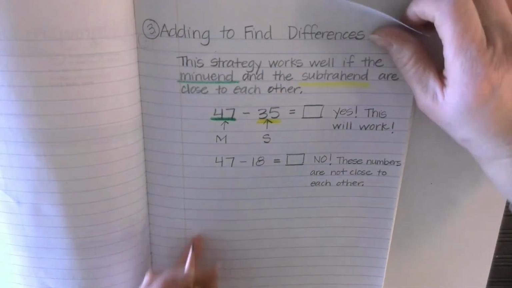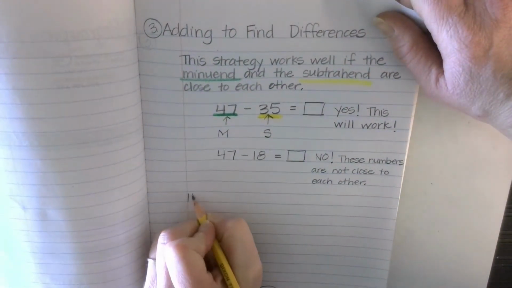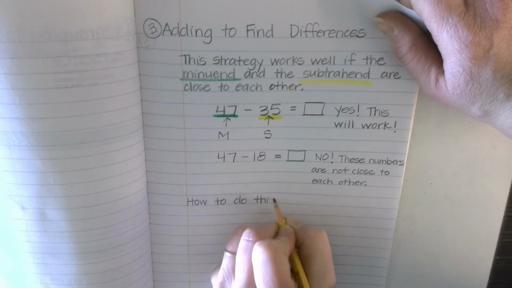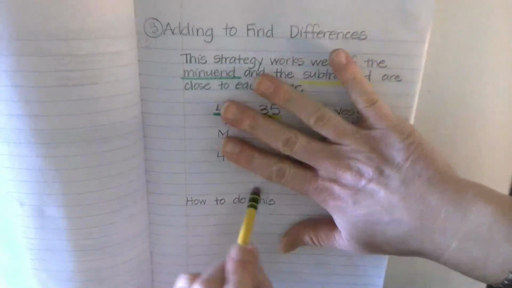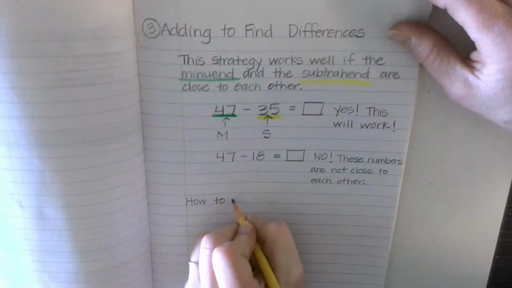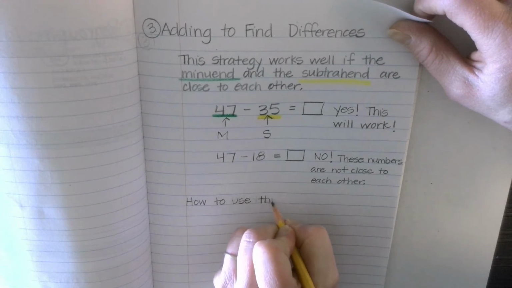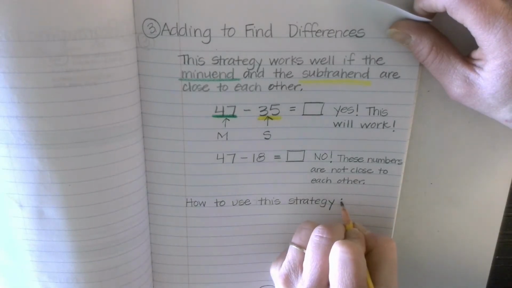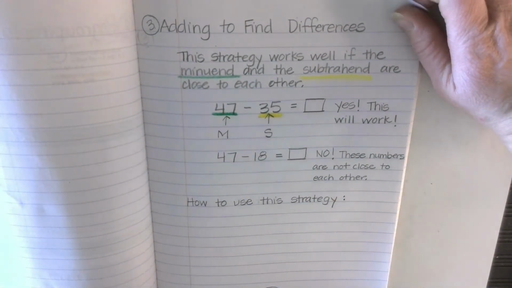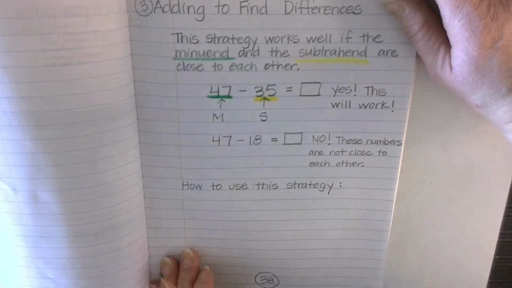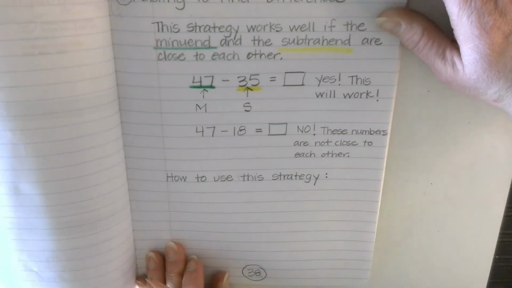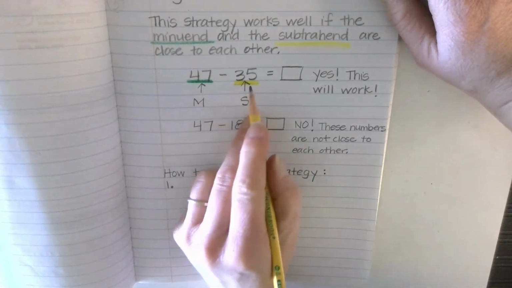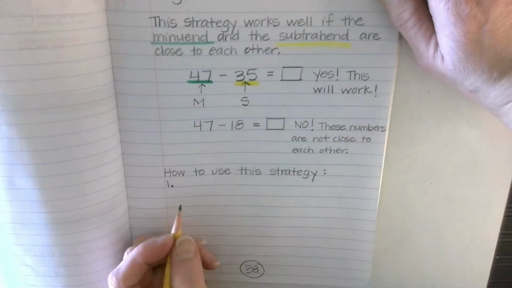So, how to use this strategy. How to use this strategy. Number one, what are we going to start with? Are we starting with the minuend or the subtrahend, everybody?